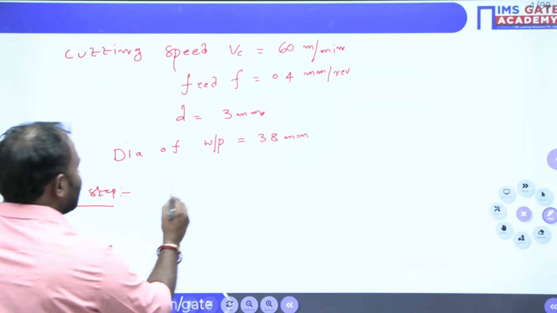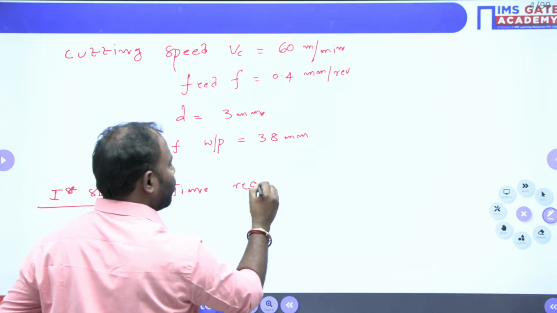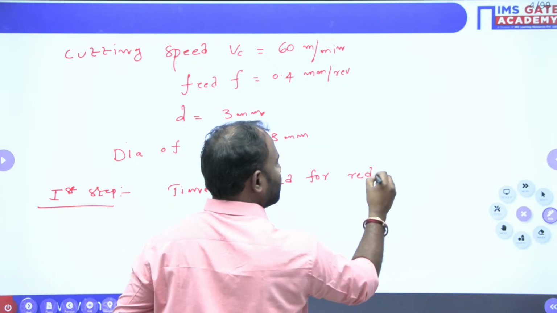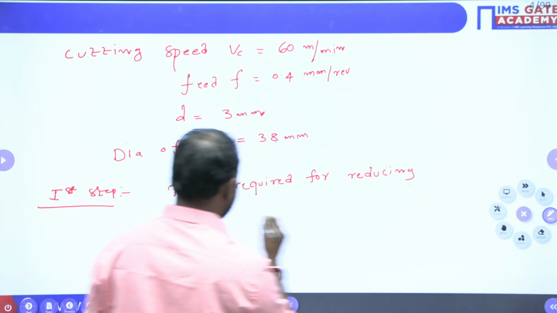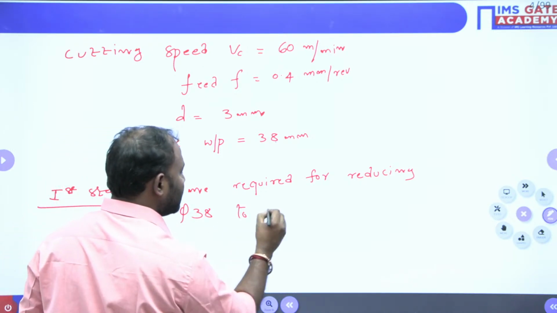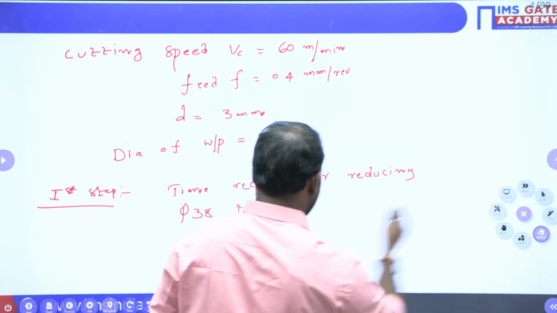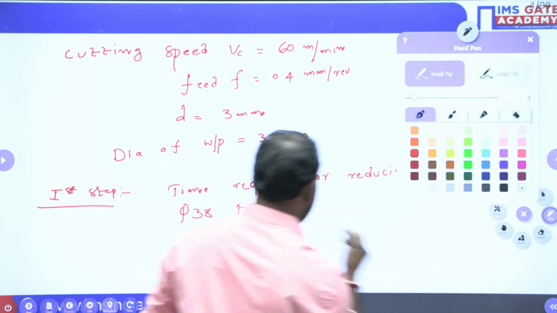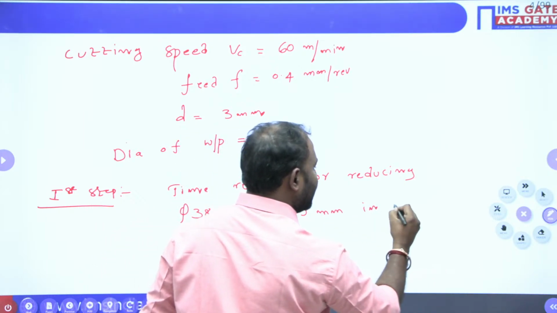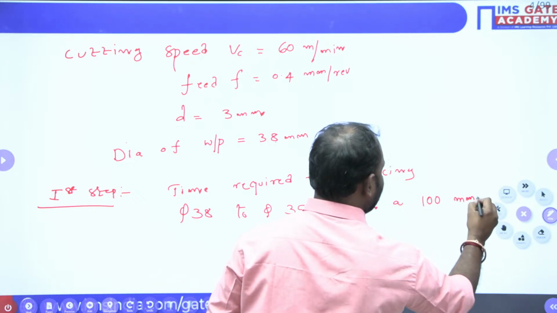In the first step, time required for reducing the diameter 38 mm to 35 mm in a 100 mm length.